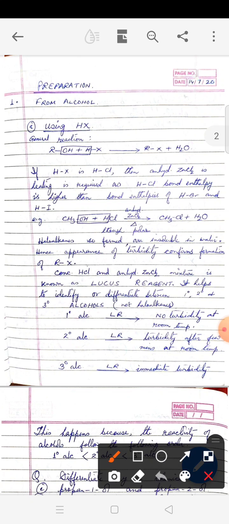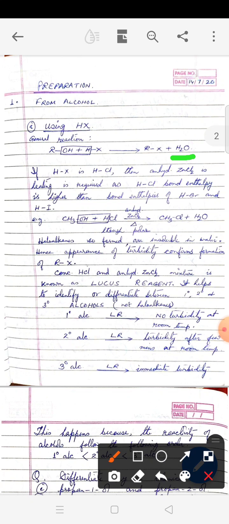The reason is HCl, since chlorine is one of the smallest halogens, the bond length of HCl is much smaller and you need a lot of energy to break this bond. Moreover, the byproduct which is forming, water, will be absorbed by the zinc chloride, which will shift the equilibrium towards right. So that is the purpose of using zinc chloride.